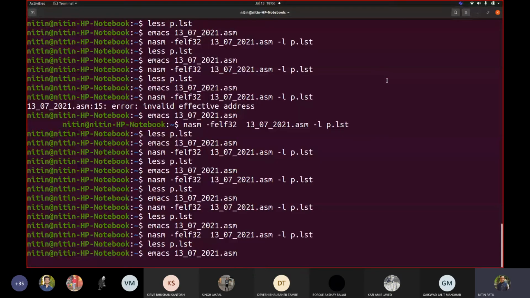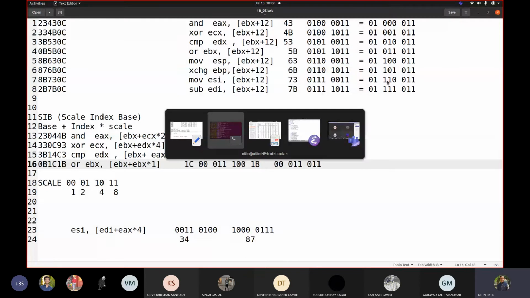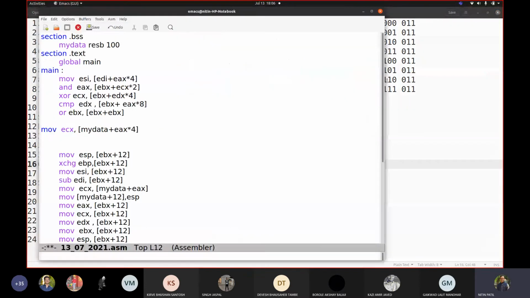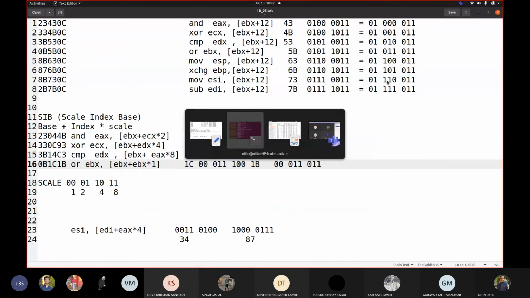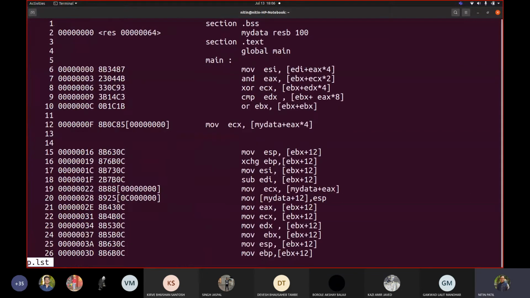So let us see if we have code written like this. Sorry, where did the code go? Yeah, this one: my data plus EAX multiplied by 4. What does it give? Let's try. Nice. See what you got? 8.5.